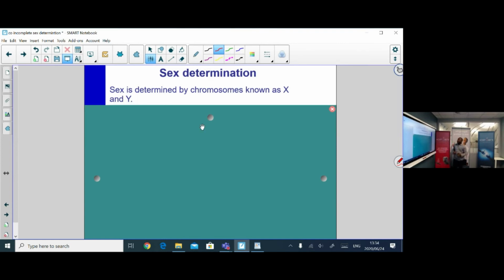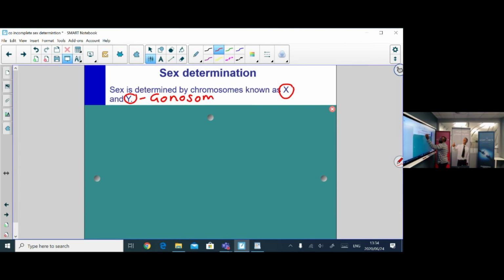What determines sex in animals, in humans, and sometimes in plants? Sex is determined by chromosomes known as the X and the Y. Boy is saying I'm XY, girl saying I'm XX. And these are collectively called our gonosomes.